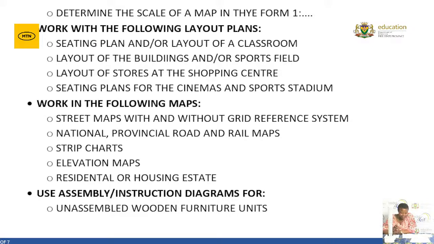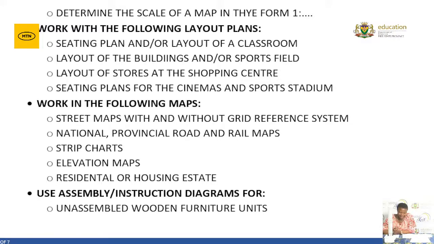For example, if I'm traveling from Bloemfontein to Cape Town, I'm going to use the national road, which is the N1. The N1 is the national road that you get when you travel from Bloemfontein to Cape Town. You can also use the N1 when you travel from Bloemfontein to Johannesburg.